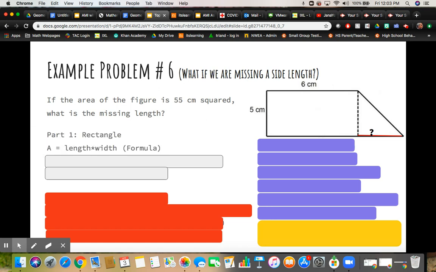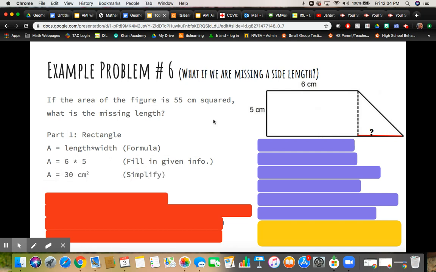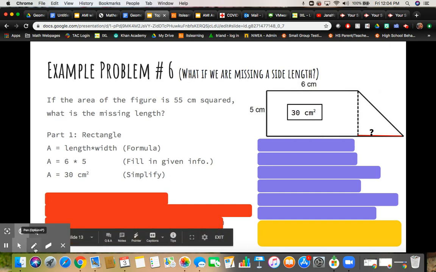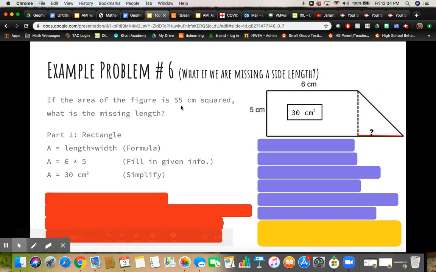The area of the rectangle we know is length times width. When I plug in my information, I am given that the area is 30 centimeters squared. But the entire figure is 55 centimeters squared. So if I was to remove this rectangle from my figure, how much area would be left over for my triangle?